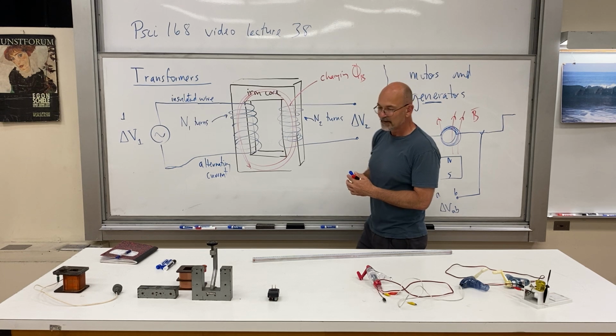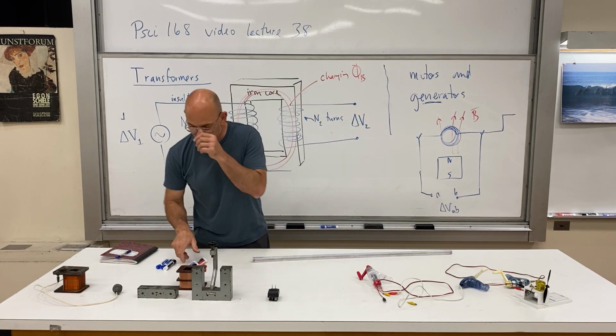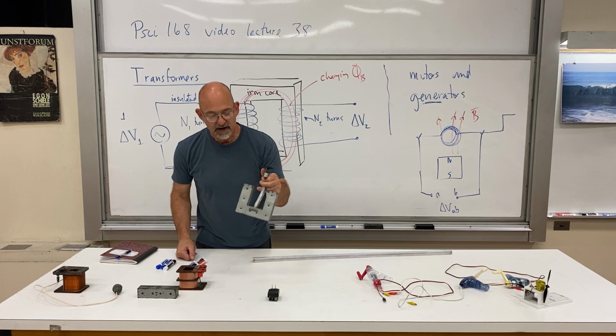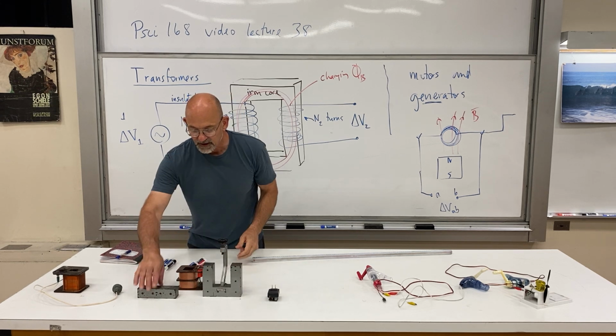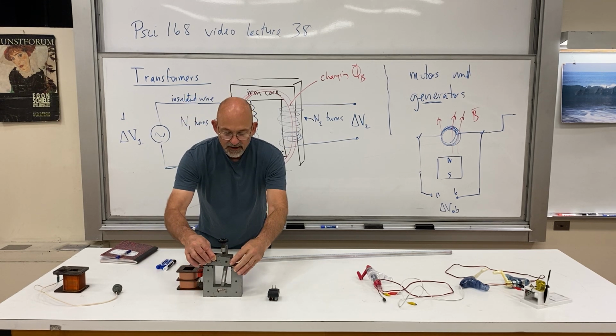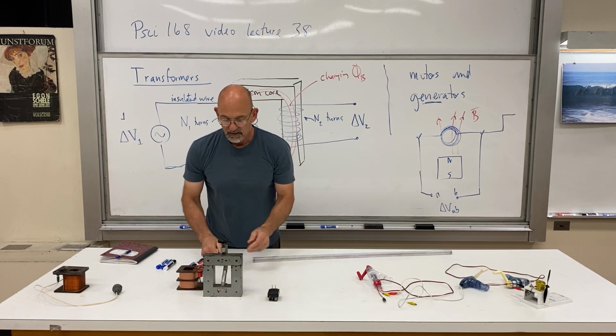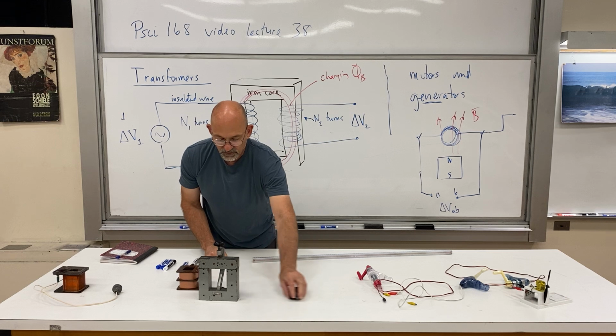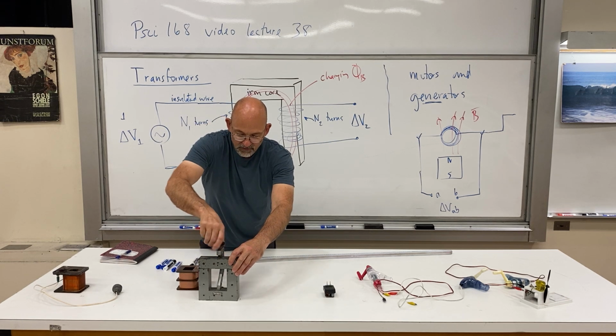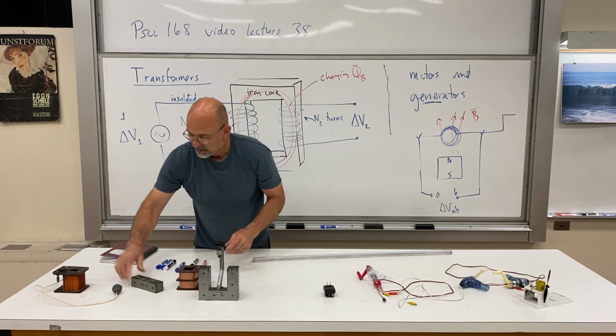Okay, let me show you what we have here in terms of the real application. So this is the iron core. It's heavy enough, and we can complete it by putting this across and clamping it. So where are the wires? The wires are here.